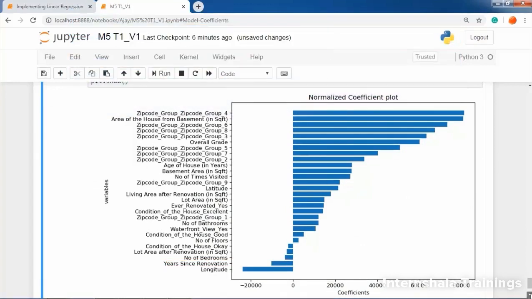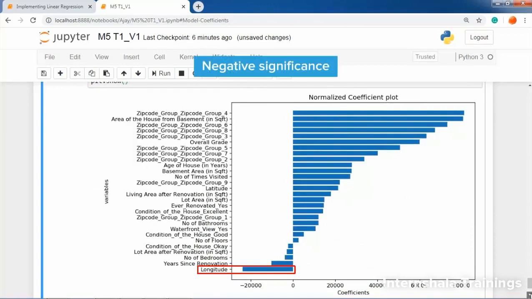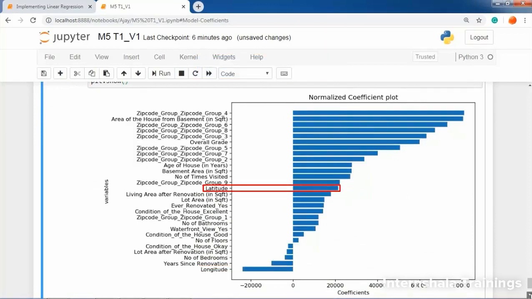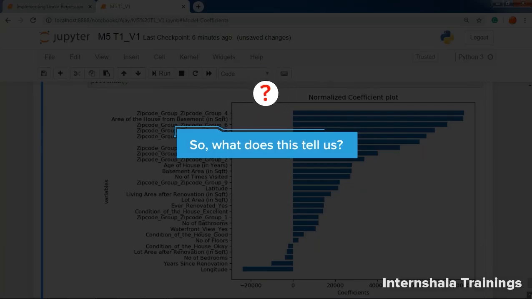The most interesting inference is the role played by the longitude and the latitude. We can infer from the plot that longitude has significant negative significance and latitude, on the other hand, significant positive significance. So what does this tell us?